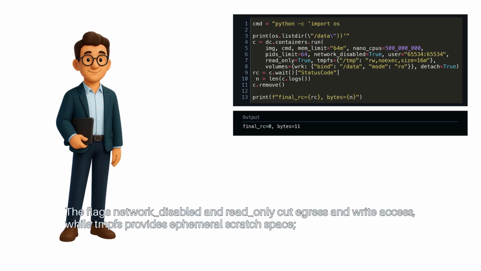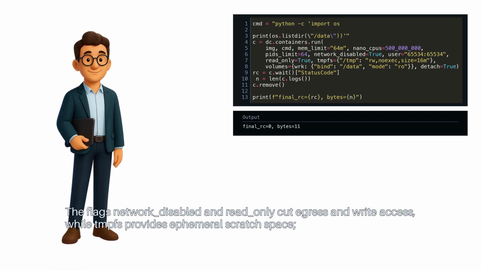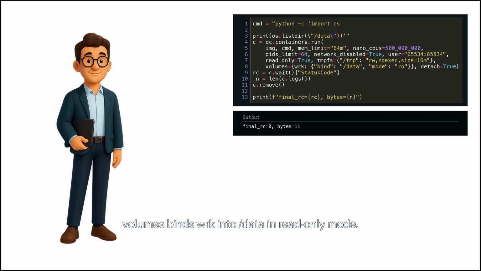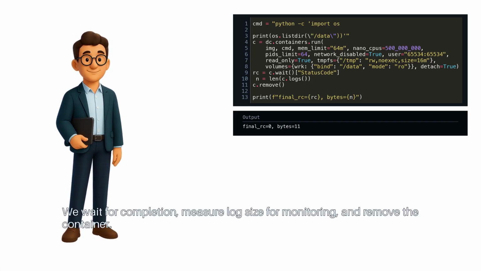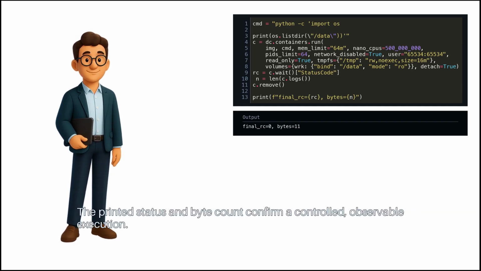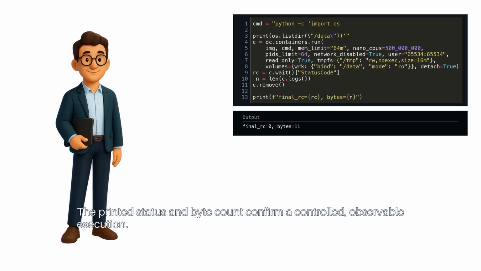The flags network_disabled and read_only cut egress and write access, while tmpfs provides ephemeral scratch space. Volumes binds WRK into /data in read-only mode. We wait for completion, measure log size for monitoring, and remove the container. The printed status and byte count confirm a controlled, observable execution.